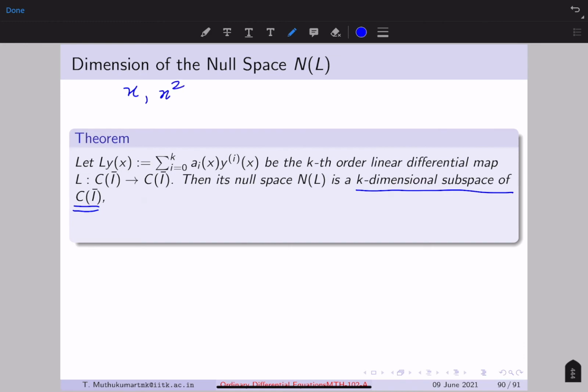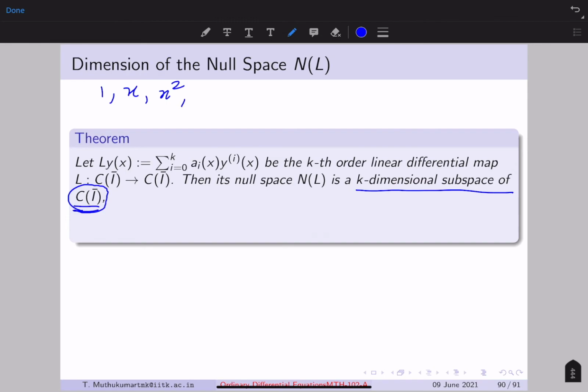I also gave you an exercise to check whether 1 and x are linearly independent. Now 1, x, x square are all continuous functions, they are all in this set, and these three are linearly independent.